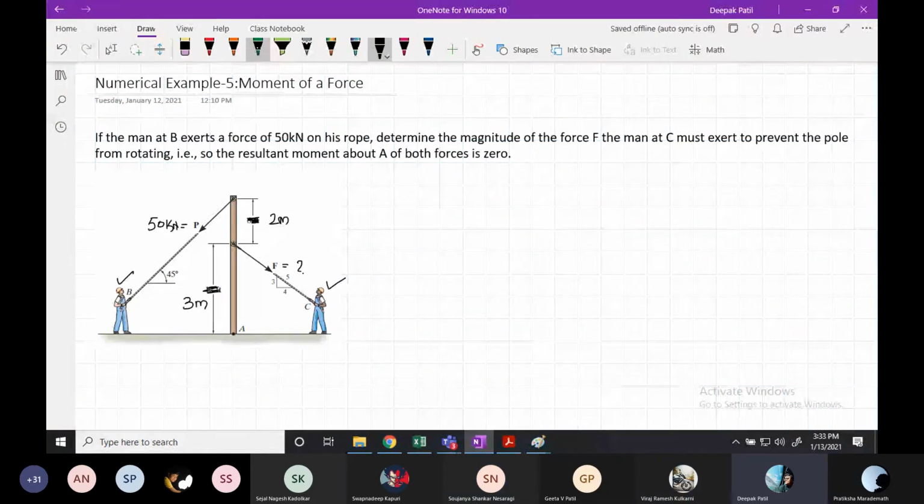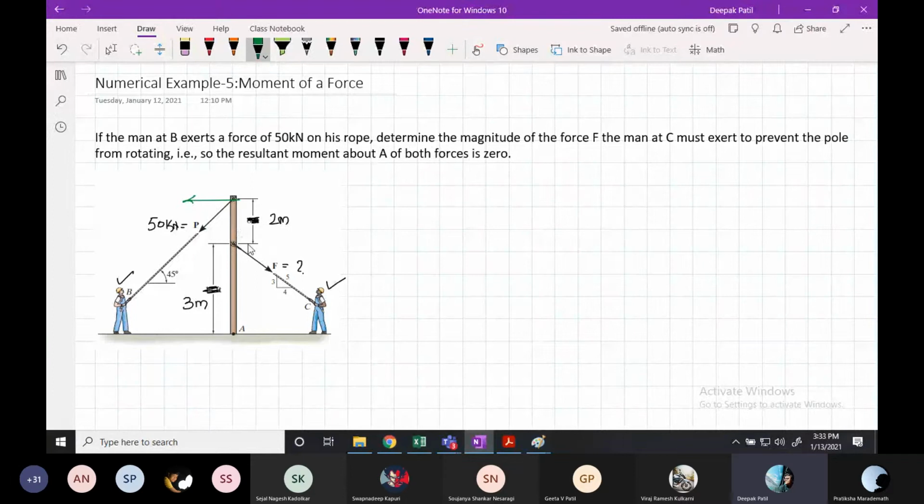Let us move further. Since P is inclined, I'll mark the horizontal component. I'll not mark the vertical component because I know the moment produced by the vertical component will be 0. Now I will mark the horizontal component of F. If this is 45 degrees, this also should be 45 degrees, so I will write this as 50 cos 45.